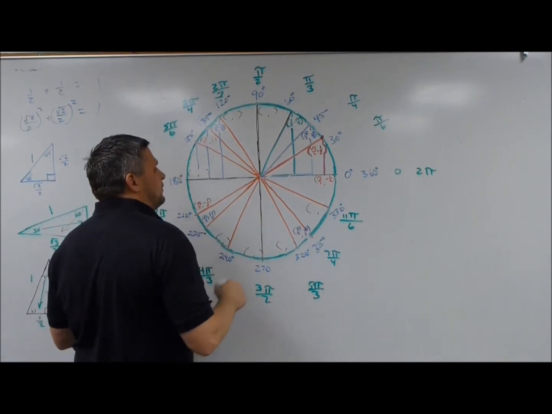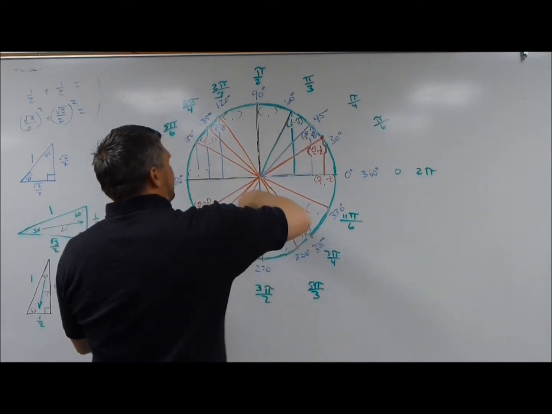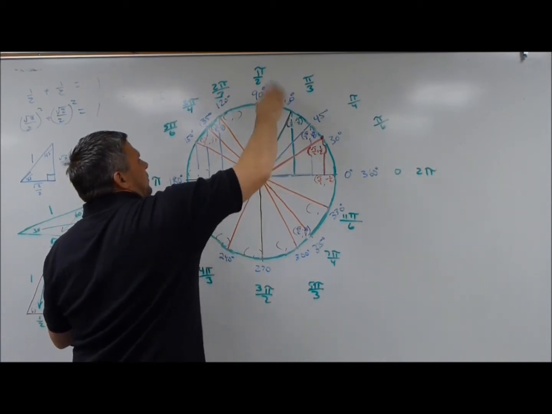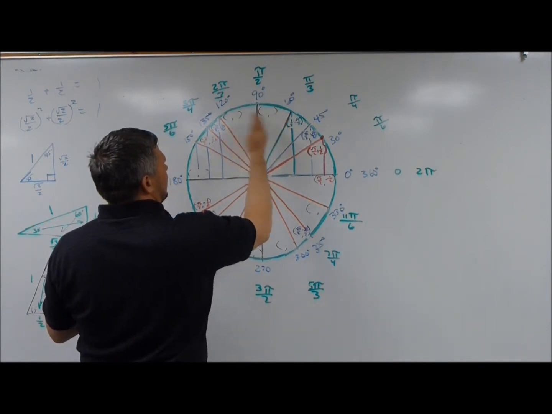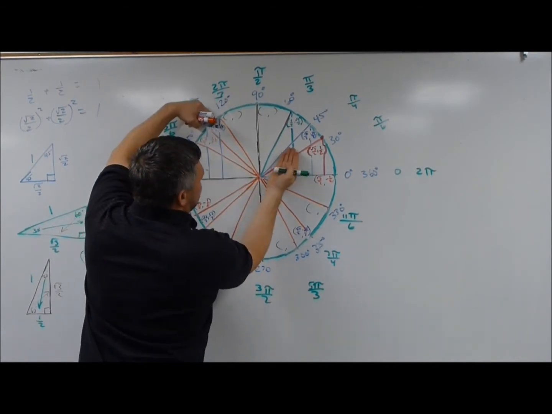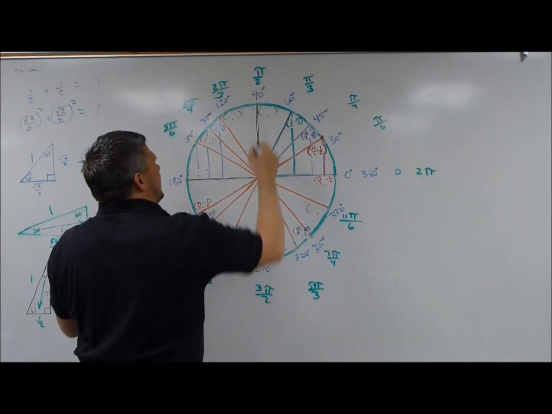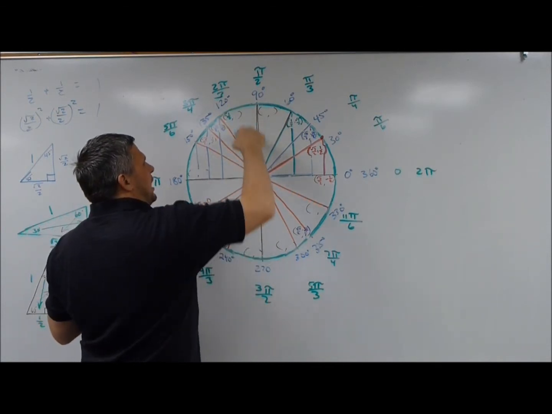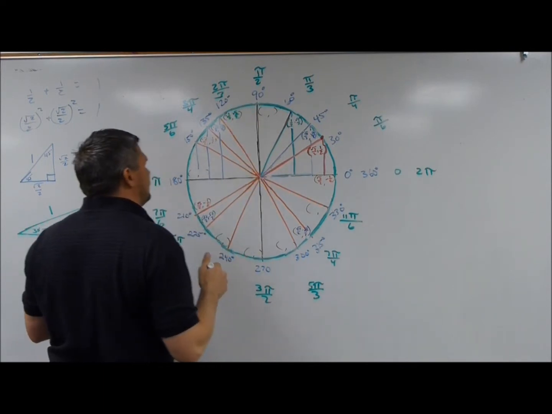All right, so here we go. When we look at this guy, the width is 1/2, and the height is square root 3 over 2. Well, this is just a reflection of this. So this triangle is just this triangle except with a negative length. So the length is going to be negative 1/2, and the height is still square root of 3 over 2.